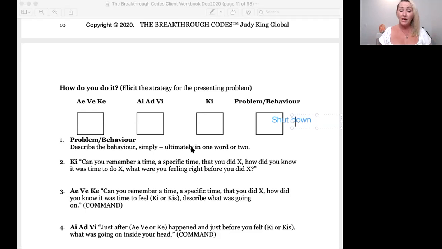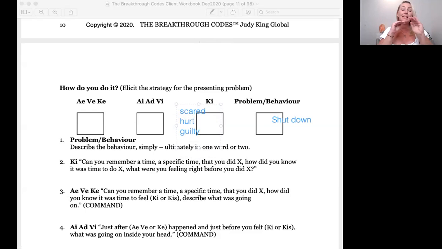Can you remember a specific time when you did the shutdown? How did you know it was time to shut down? What were you feeling right before you shut down? Then whatever emotions they give you, you write in here. Let's say they say scared, hurt, guilty, and so on.